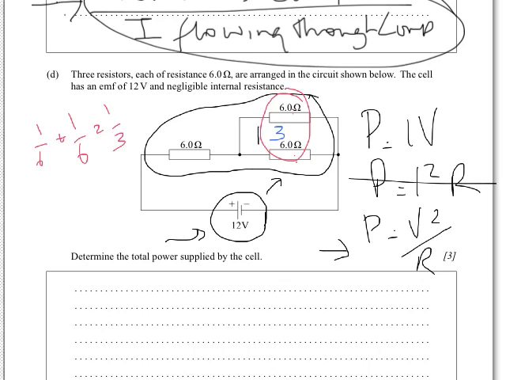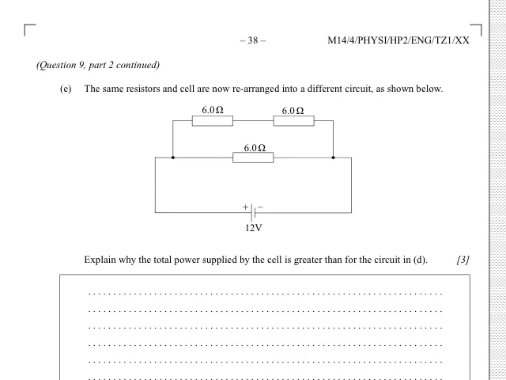And so we add, because these are in series, and we now have a total resistance of 9 ohms. So V squared, 12 squared, over 9 will give us an answer of 16 watts.